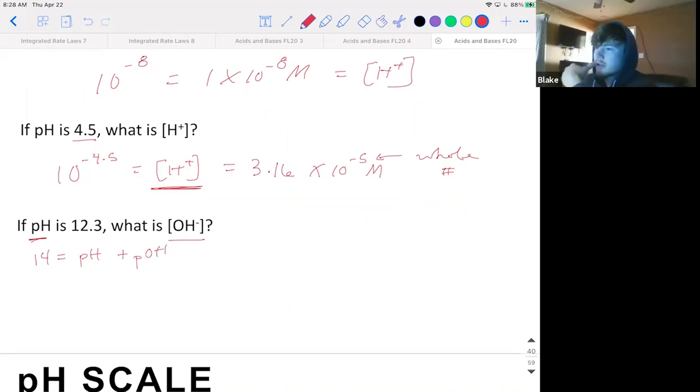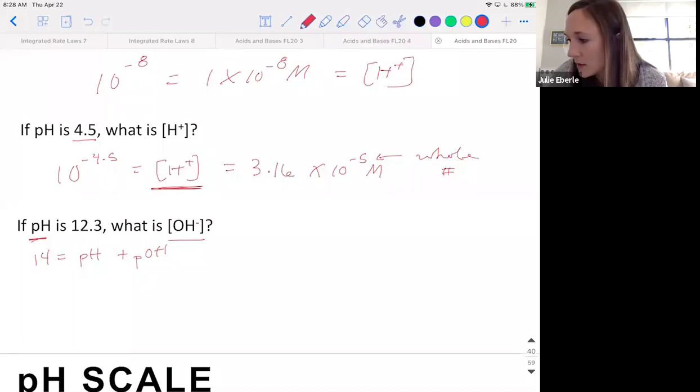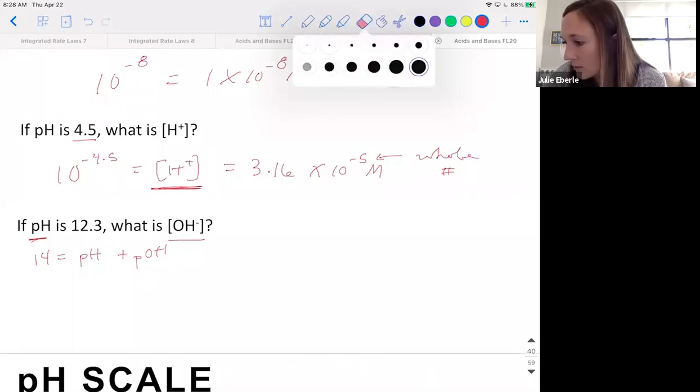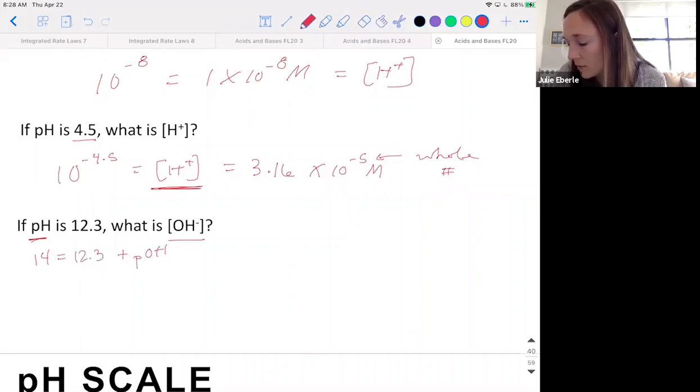So first let's subtract pH. I'm just going to erase and plug in my 12.3 there. So minus 12.3 from both sides. So 14 minus 12.3 is 1.7, and that equals pOH.